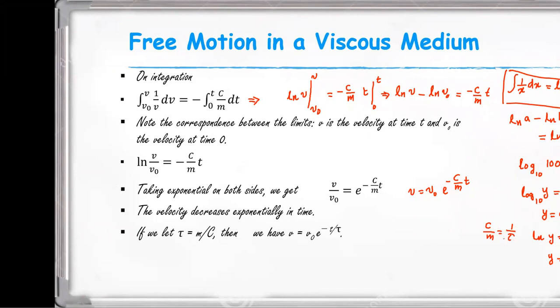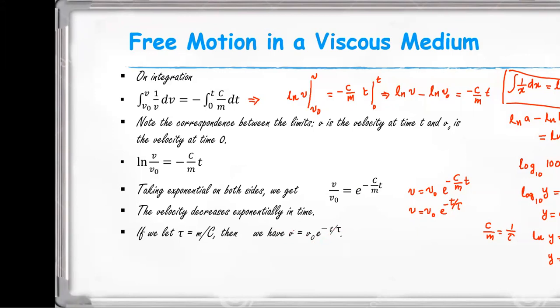When we substitute this, c by m is equal to 1 by tau, in this expression, we will get v is equal to v0 e raised to minus t by tau. Okay. This is the expression: v is equal to v0 e raised to minus t by tau.